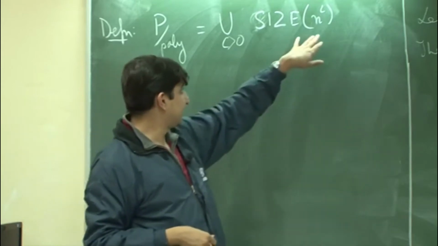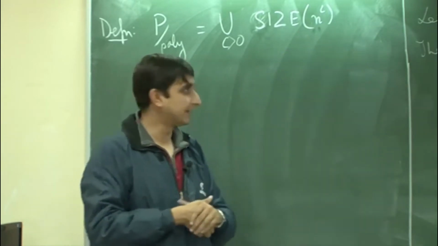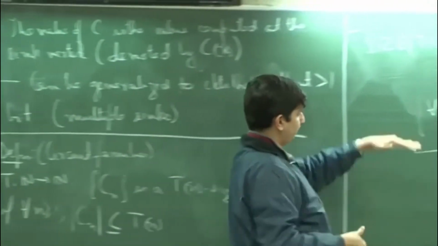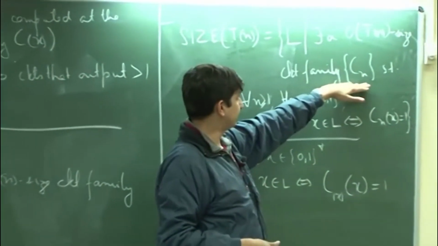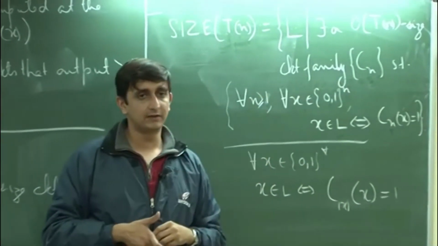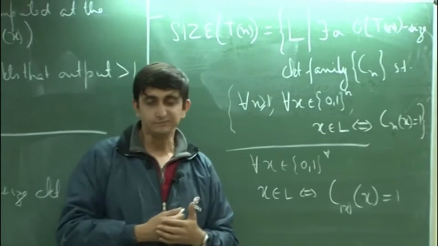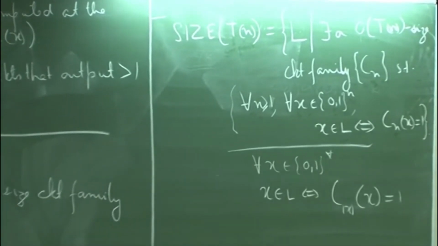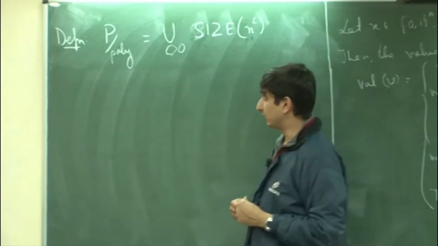When I say n to the power c here, this is the function that I mean. I am looking at all those languages which have a circuit family that is no larger than n to the power c for every n. And I am taking that union over all constants. So, that is this class P/poly.